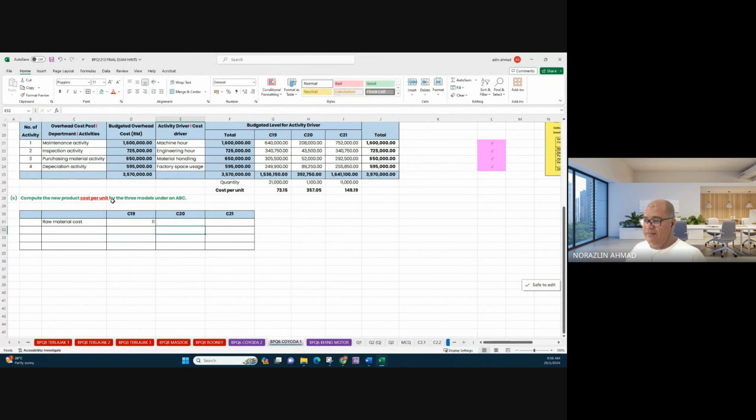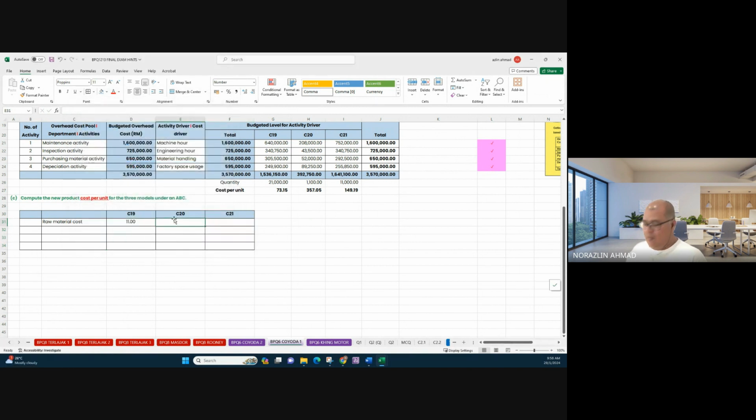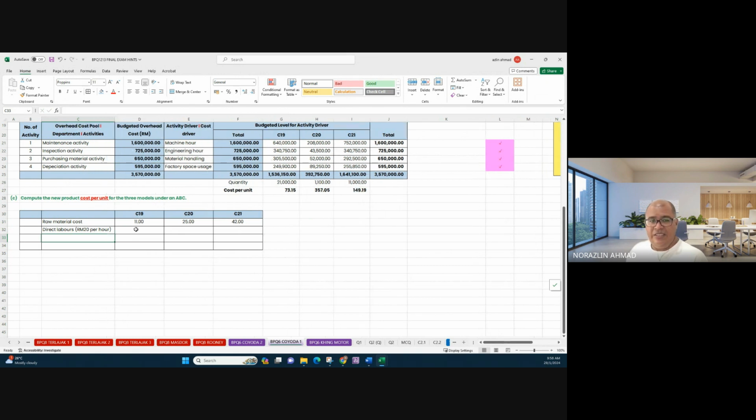This one is 11. 25 and 42. Direct labor. RM 20 per hour. It stated the info here, 80 per hour. This one is 10, 20, 20.